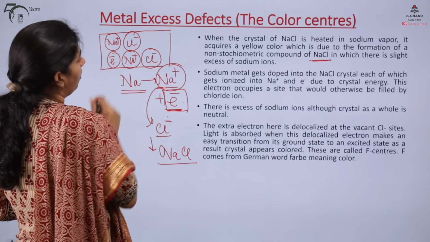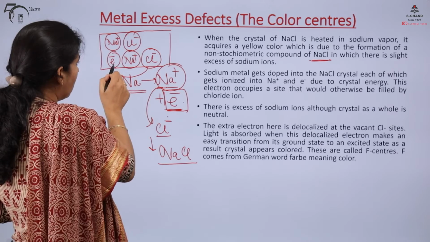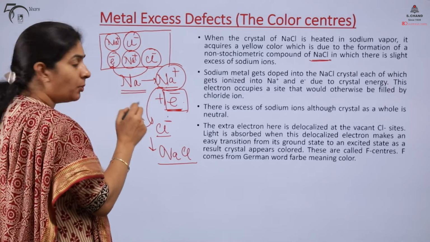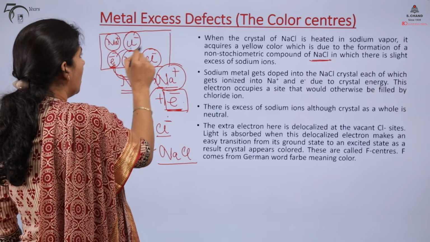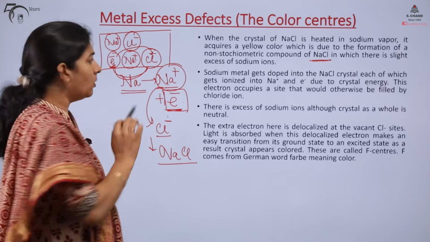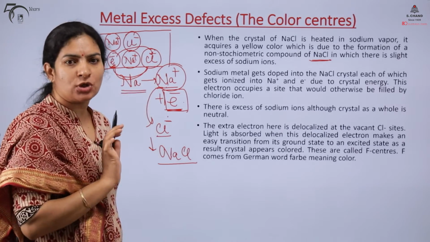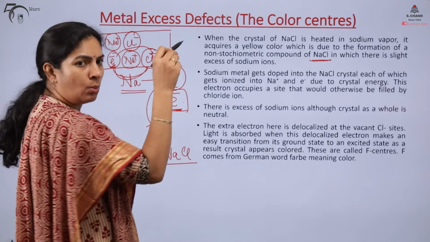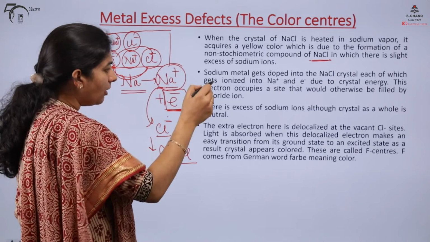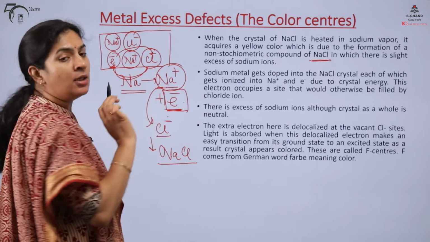The moment this chloride ion sees that there is a vacancy, the chloride ion will come here and occupy this position, and the electron will go from this position to that position, and hence this jumping of the electron from one position to another will keep on happening.